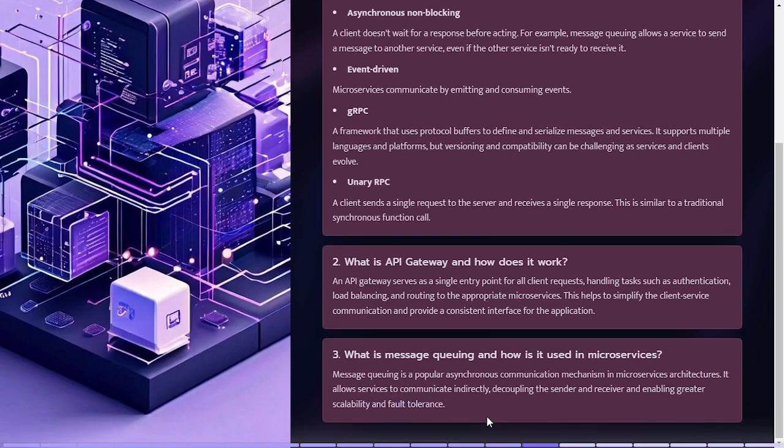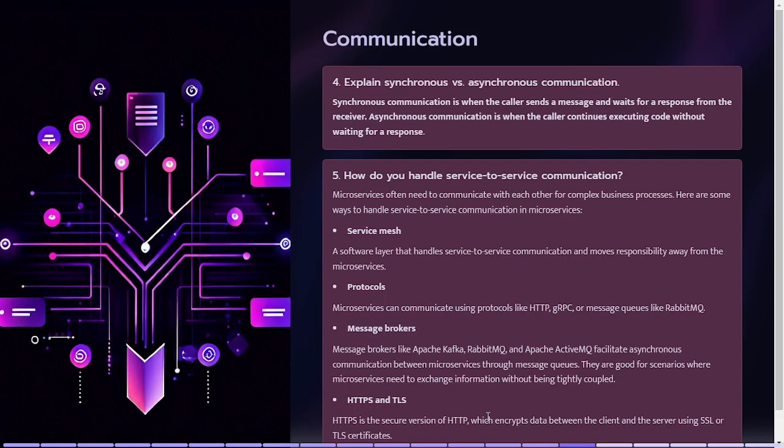Now let's answer the next question. What is a messaging queue and how is it used in microservices? A messaging queue is a popular asynchronous communication mechanism in microservice architecture. It allows services to communicate indirectly, decoupling the sender and receiver, and enables greater scalability and fault tolerance.